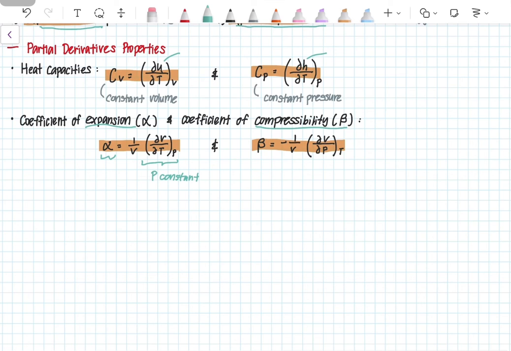And then your coefficient of compressibility, beta, is going to be the negative 1 over your specific volume multiplied by basically the same term, but you're switching your differential dependence from T to P, and you're going to be holding temperature constant.